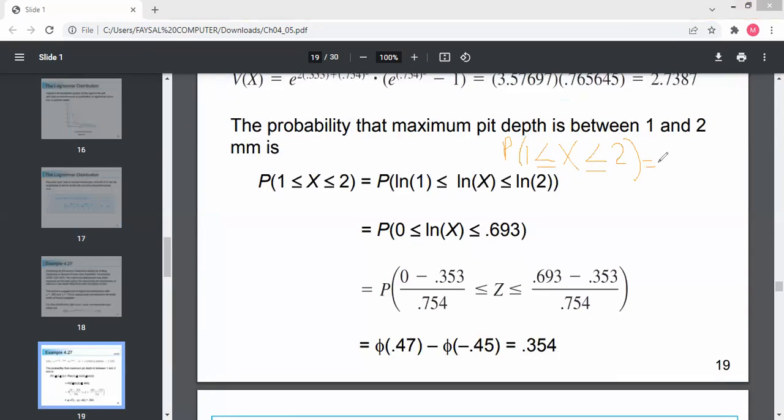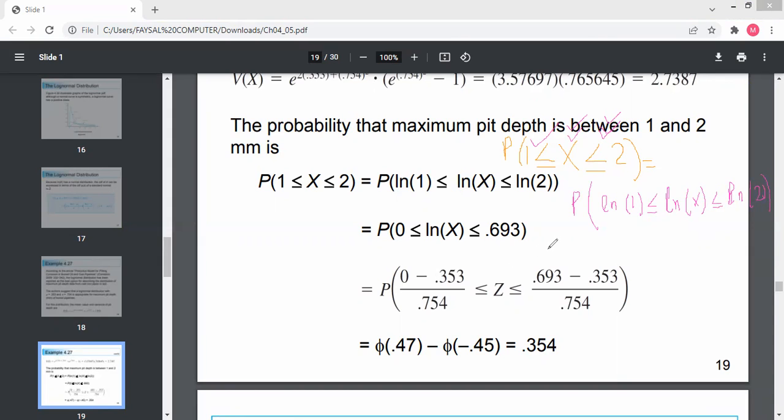Now there are three parameters, you have to remember 1, 2 and 3. So it will be written as probability of ln 1 less than or equal to ln x less than or equal to ln 2.